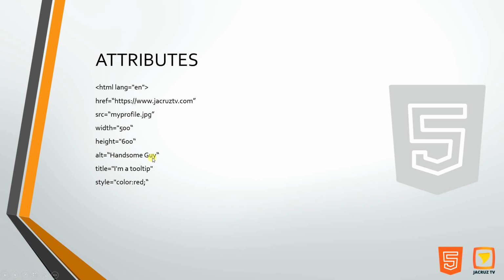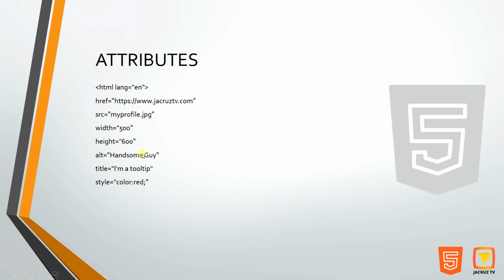For example, your profile photo is the picture, and accidentally you deleted the image in the directory, so hindi siya makikita ng web browser natin. So what the browser will do is show the text inside the alt attribute. It will show the text of a handsome guy.